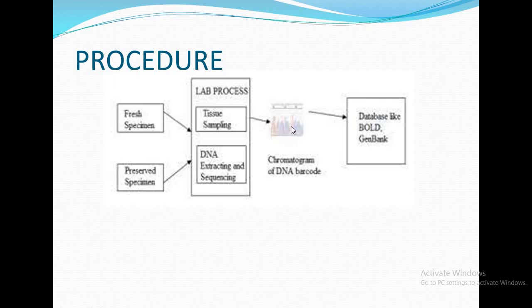In the last step, this barcode can be stored in databases like iBOL and GenBank for future use, or can be used as a query sequence to be compared with already stored sequences to check their duplication.